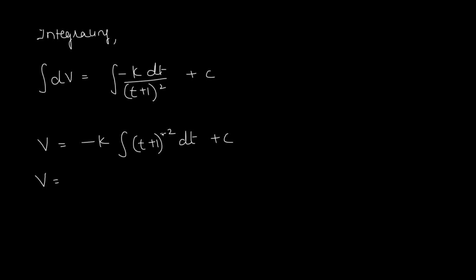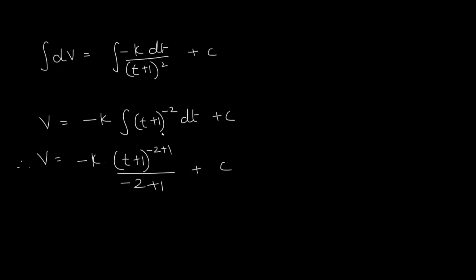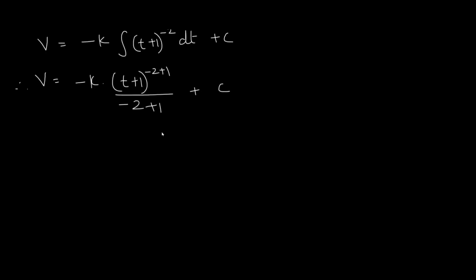So we have V is equal to minus k into (t plus 1) raised to minus 2 plus 1 upon minus 2 plus 1, the formula for x raised to n. Remember that. Minus 2 plus 1 is minus 1, so the minus sign gets cancelled from the numerator and the denominator.